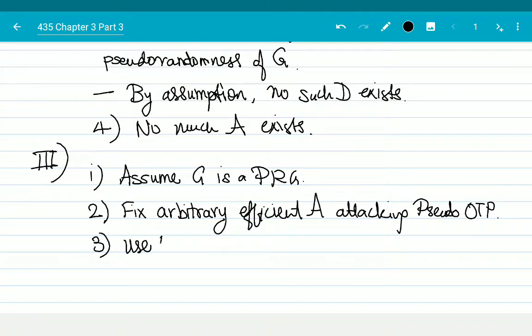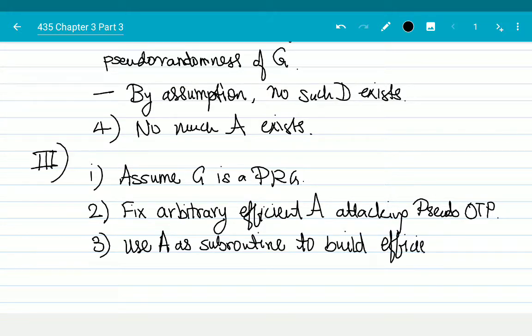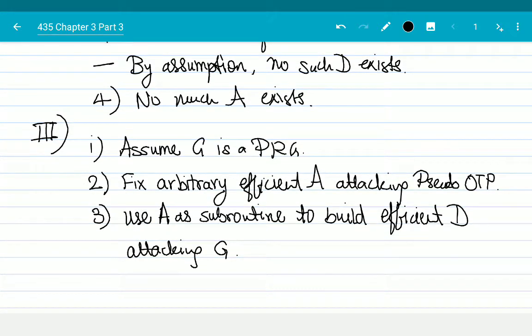Use A as a subroutine to build an efficient D attacking G. And now here's where we are doing it the same way as method 1.